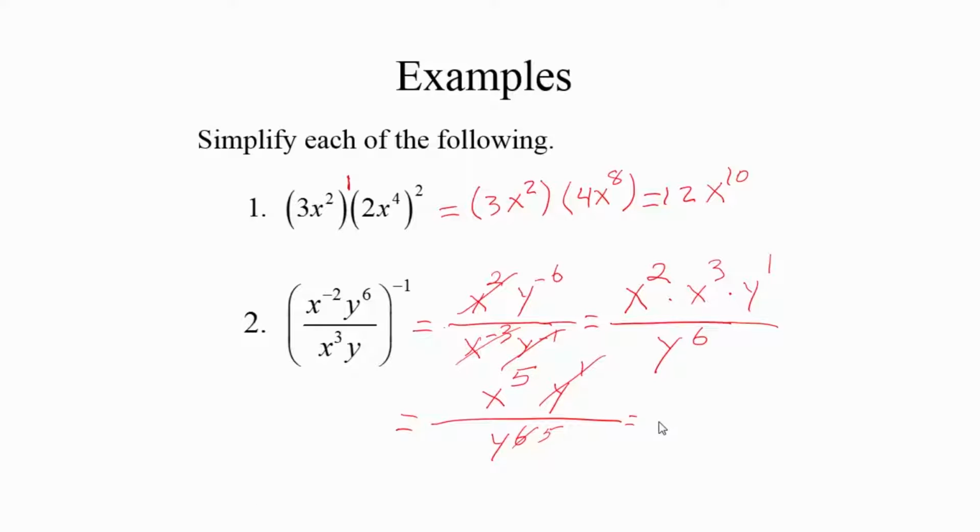So therefore, this would be h to the 5th divided by y to the 5th. Or I can write it maybe as h divided by y, all to the 5th. I can combine it under one parenthesis if I want to, since they have the same power. Or I can leave it as it was.